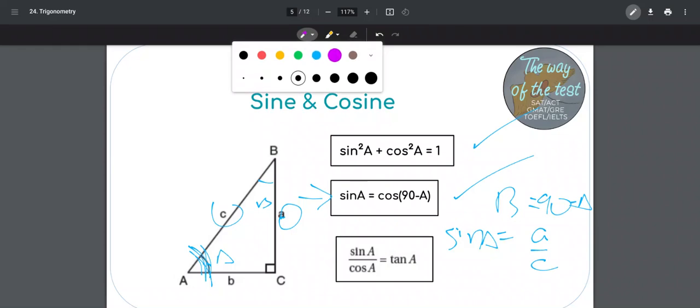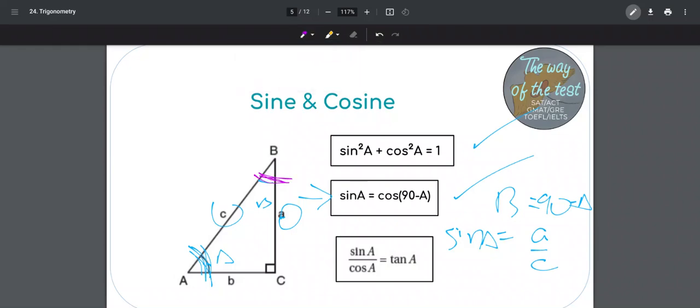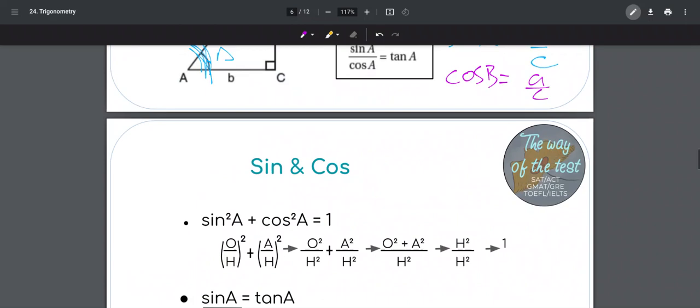And from the point of view of angle B, the purple angle, a over c actually corresponds to the adjacent over hypotenuse. So actually cosine of B is the same value. So the sine of an angle is equal to cosine of the complementary angle. Pause the video, copy everything you see, and we're going to continue.